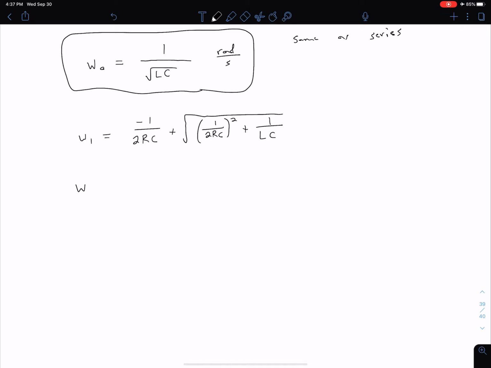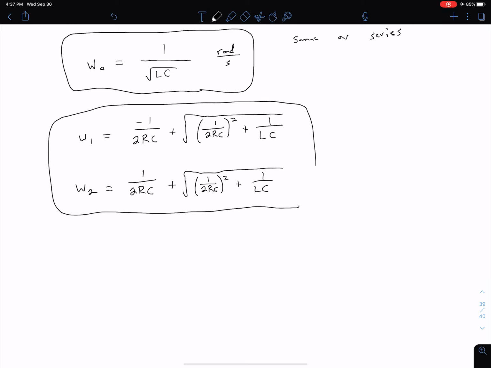And then our omega 2 is going to be pretty much the same thing, but this term out front is just positive. So 1 over 2RC plus the square root, and then in the square root we have 1 over 2RC quantity squared plus 1 divided by LC. So there are equations to find our half power frequencies.